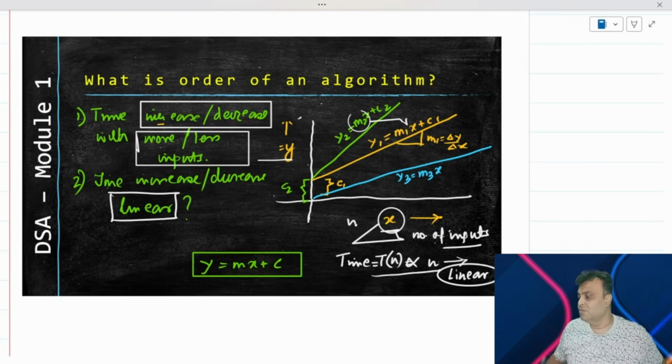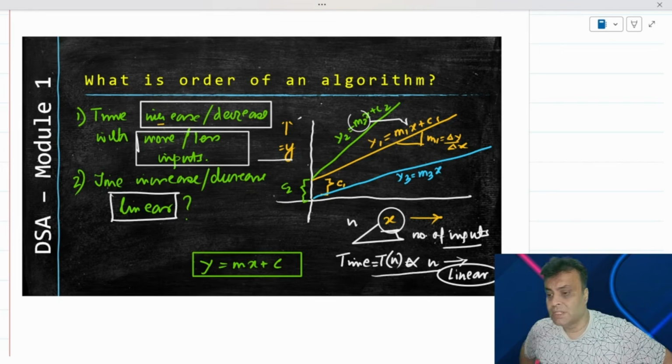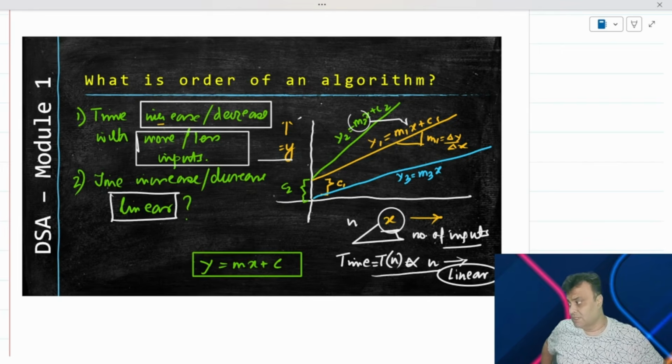This is what you need to figure out when we talk about time complexity or space complexity. We'll come to space complexity, it is similar to this, but for now we are just discussing time complexity, and we are trying to tell you that y equal to mx plus c is where all the curves can converge when it comes to a linear amount of time executed by an algorithm.